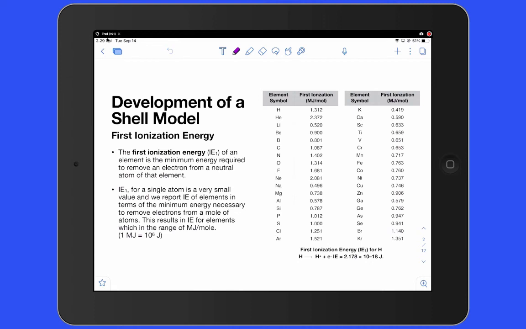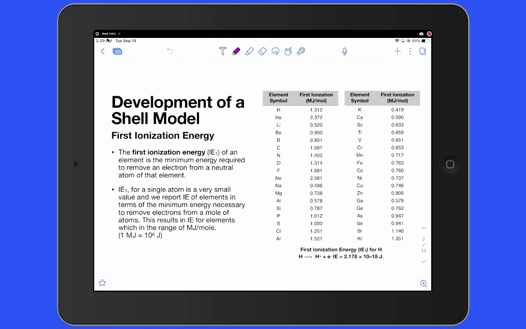That would be the first ionization energy. But technically, we could say that fluorine has 9 ionization energies. It's got a first, a second, a third, fourth, fifth, sixth, seventh, eighth, and ninth. Each electron would have its own ionization energy. So we're talking about removing just one single electron.